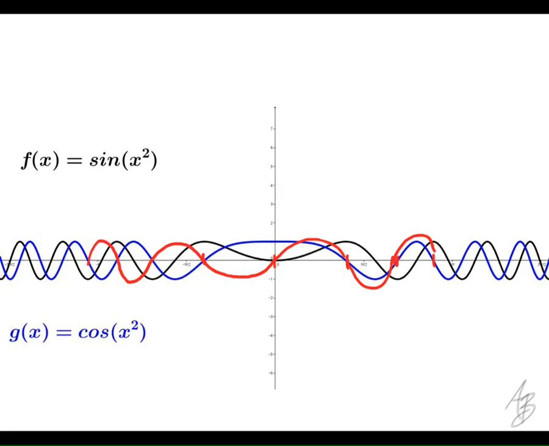Okay? Another thing I want you to notice is the slopes here. How does the slope right here compare to the slope right here? And I could add another one in here. How about there and there?